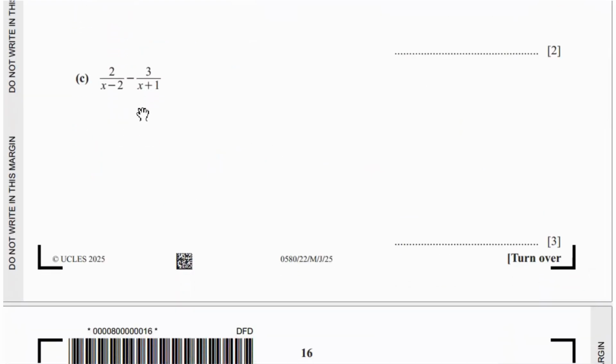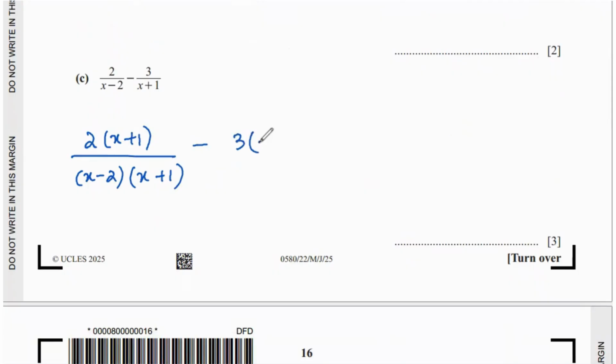Then it says 2 over x minus 2 minus 3 over x plus 1. Same thing, we need to make the denominator same first. So we can multiply the first fraction by x plus 1 and divide it by x plus 1 as well. And for the second fraction, we multiply and divide it by x minus 2.